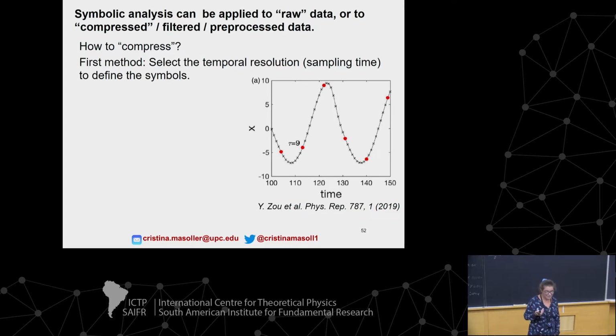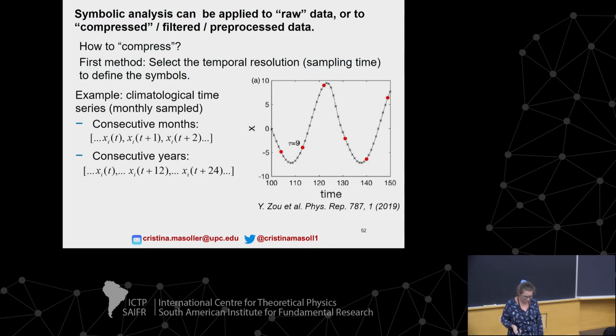You need to select some lag, and for instance, only consider points that are separated, in this case, by 9 data points. So you move them, and then you can see that here we have a pattern that goes up, then there is an oscillation, there's a pattern that goes down, then there's another oscillation.